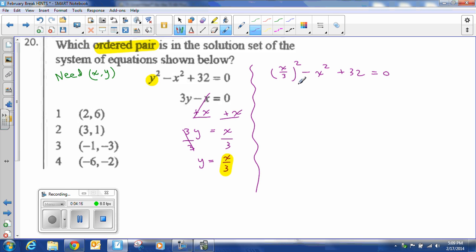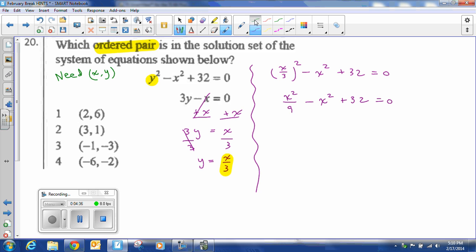Now when we square this, we end up with x squared over 9 minus x squared plus 32 equals 0. We're going to combine like terms, and I'll let you do the rest.